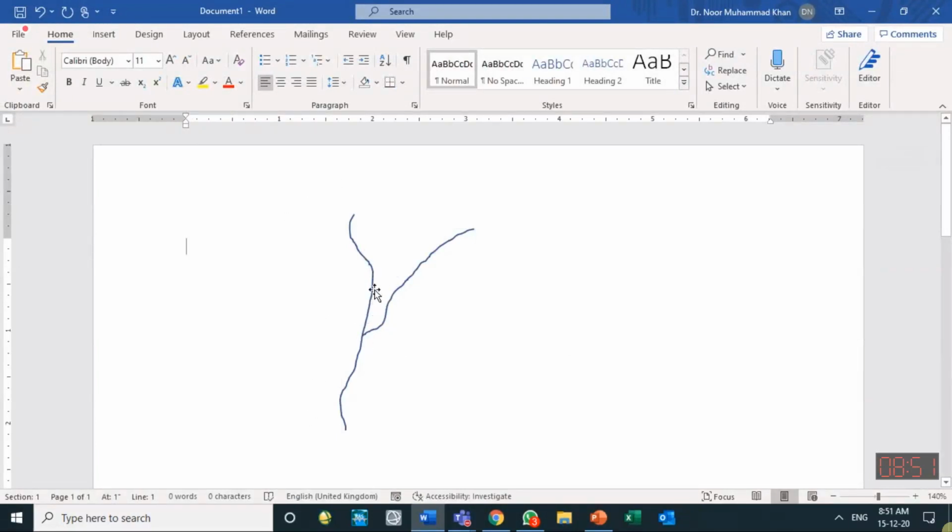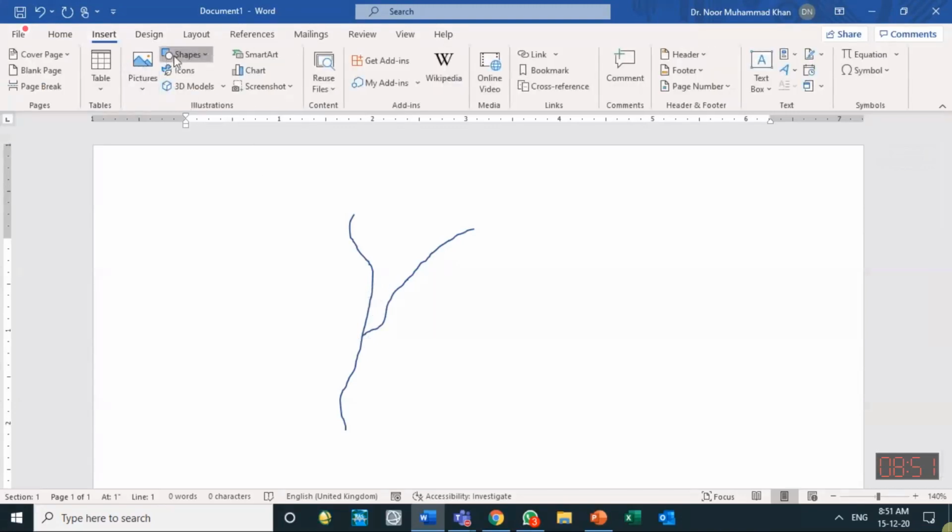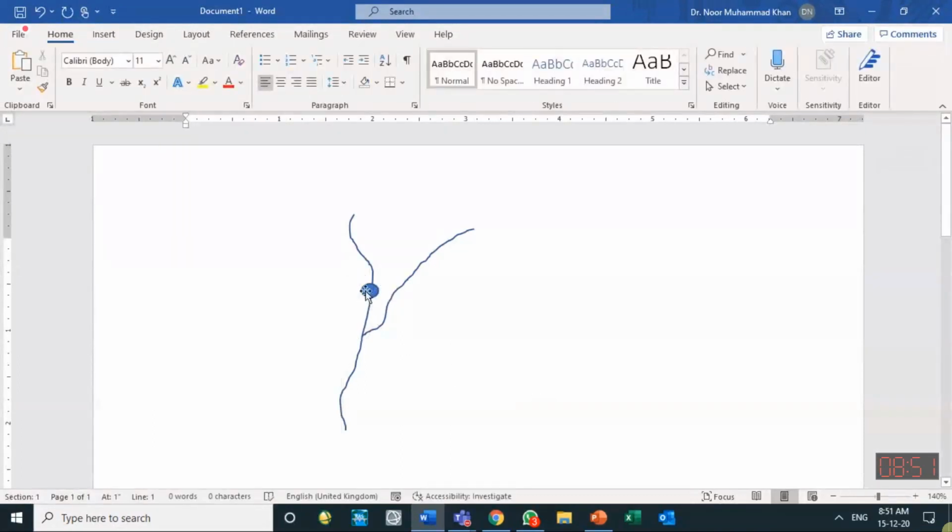If you have installed a station over here, it means you are interested to know the discharge and stage of this channel. Okay, of the left channel in this figure, you are interested.